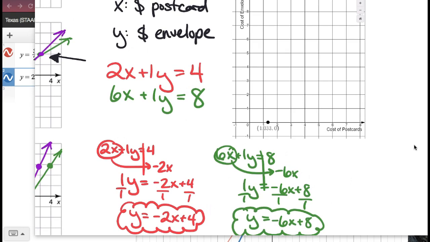Okay, the first one, the red equation, has a y-intercept of 4. So I'm going to start this equation at 4. It has a slope of negative 2, which means I'm going to go down 2 coordinates and over 1 before I grab a straight edge of some sort and graph this line.